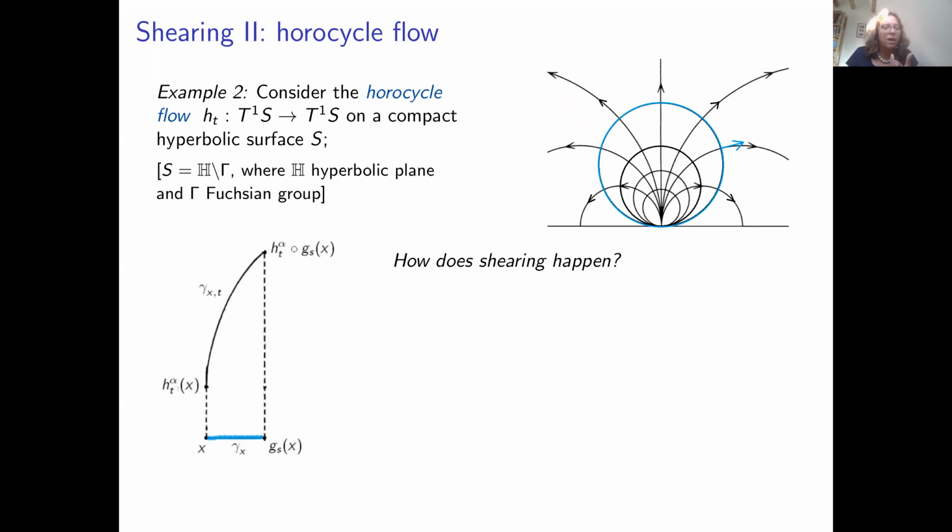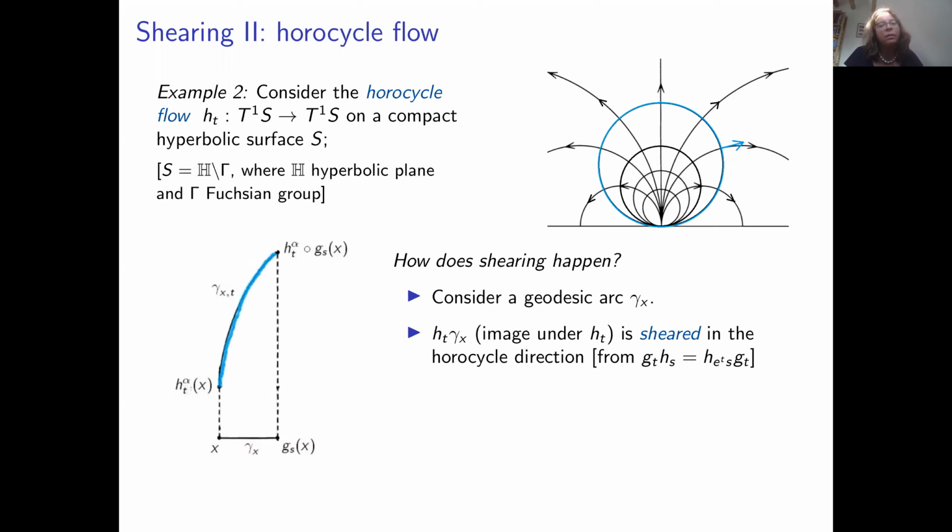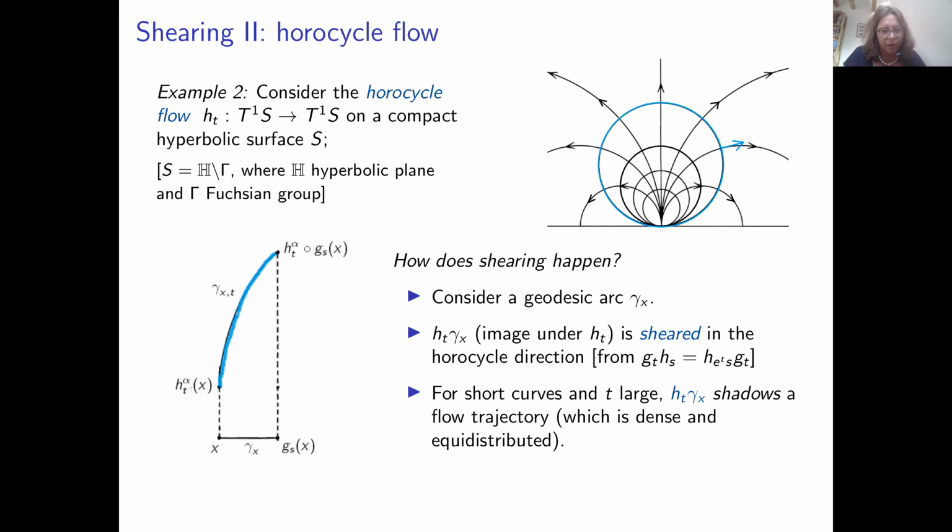If you have a geodesic, a piece of geodesic transverse to your horocycle, and you push it through the horocycle flow, you will see that the geodesic shears in the direction of the horocycle. And again, if you know these flows, there is a commutation relation between geodesic and horocycle flows, which is responsible for this shearing. The key message is that also in the horocycle flow, you see shearing.